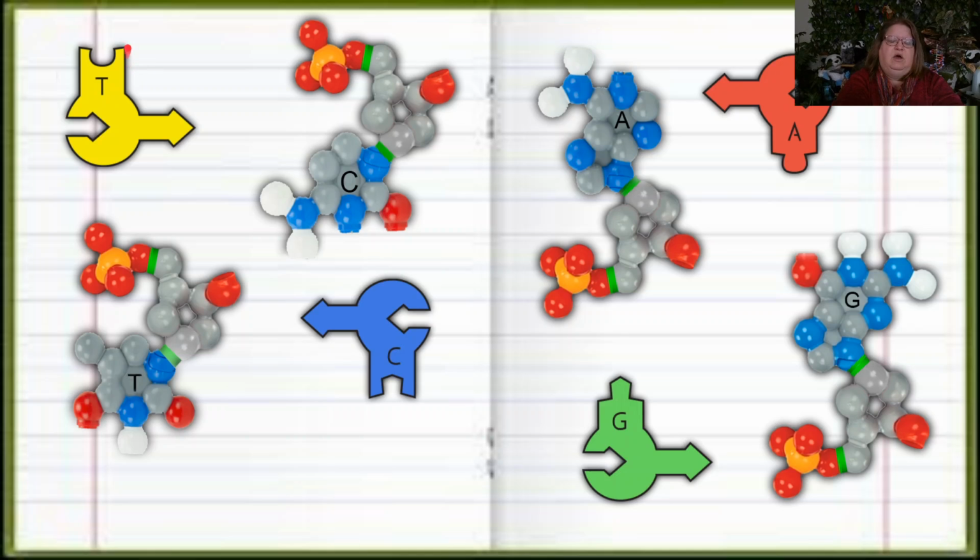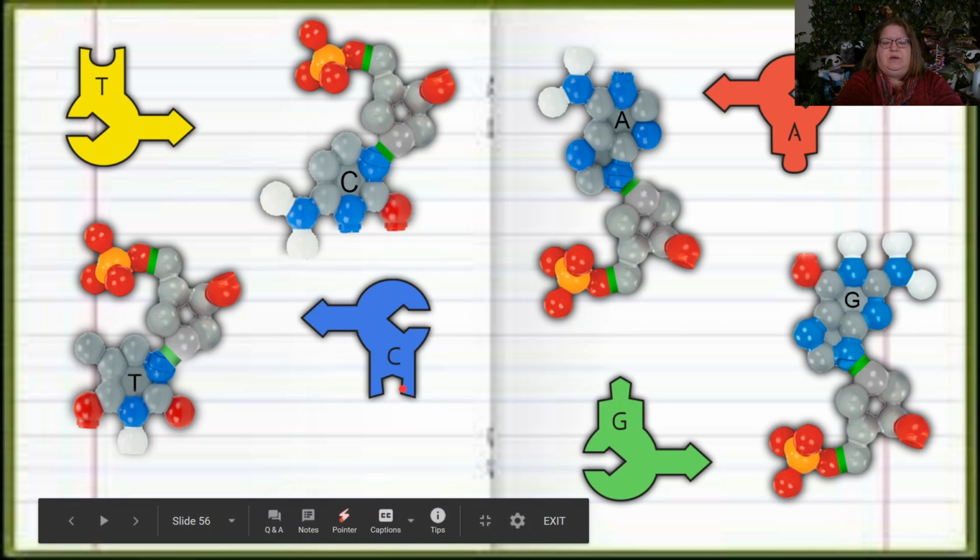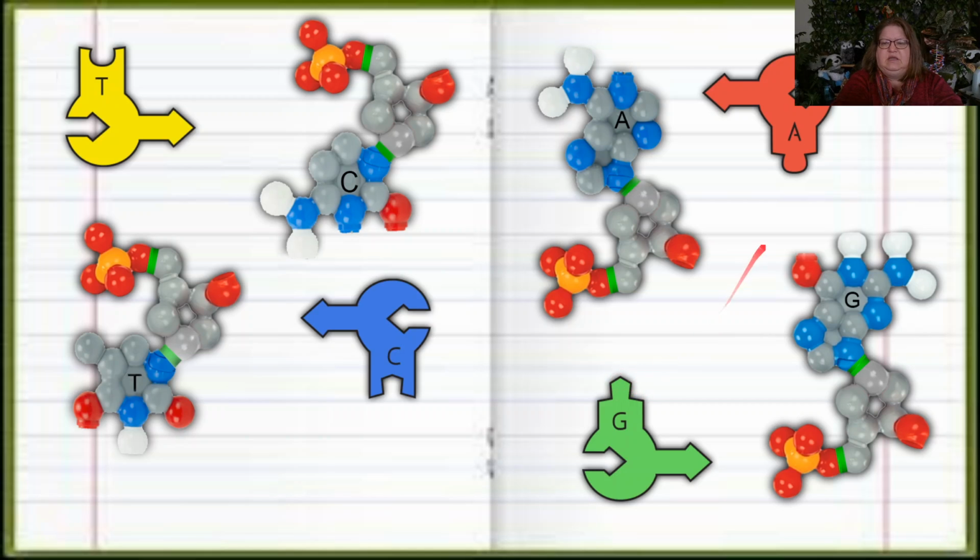And notice all of the bases in our little cartoon picture have what looks like a piece of a puzzle connected to it. Here's our G, there's a little puzzle piece. Our A, here's our puzzle piece. And then our C. And then we've got the arrows.